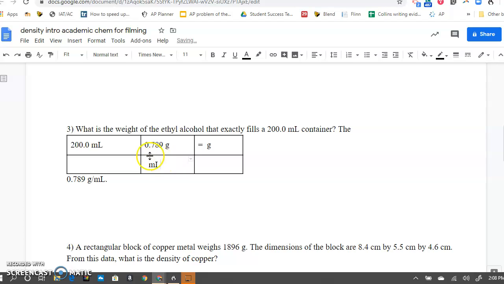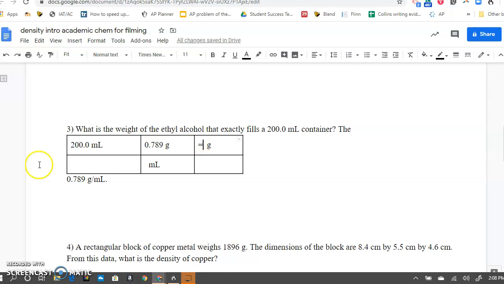Remember that this slash line in between here is the same as the slash line here. Okay, and then when I put that into my calculator, I get this really long number. Well, I lied. I get 157.8 grams, sorry.